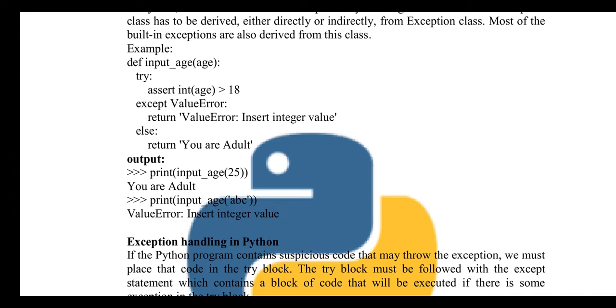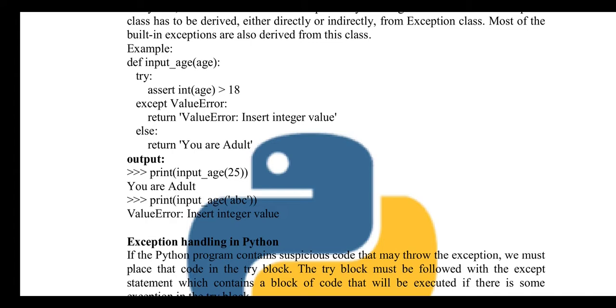Here we are specifying the age. Try whether assert int age is greater than 18. If it's not greater than 18, then it's going to return an error, that is, insert integer value. Else it's going to return you are adult.